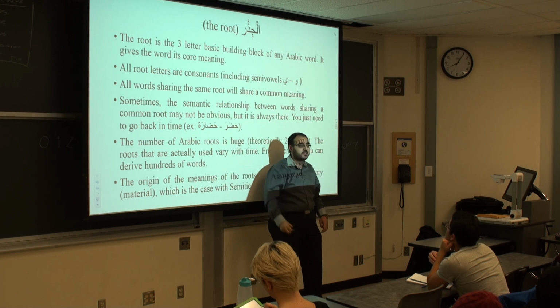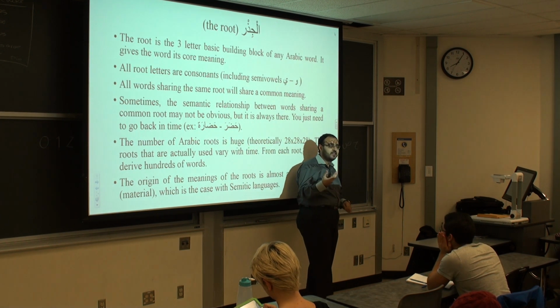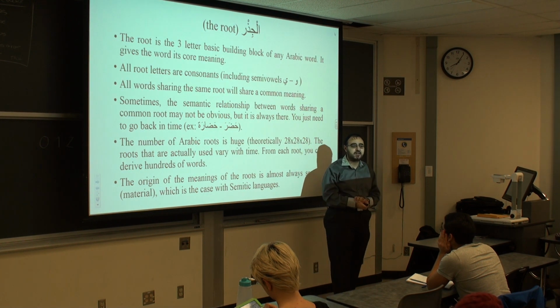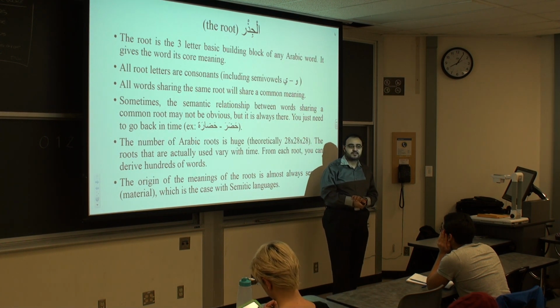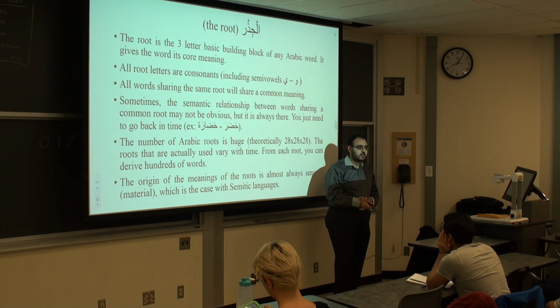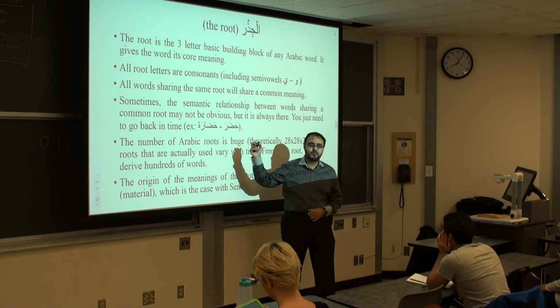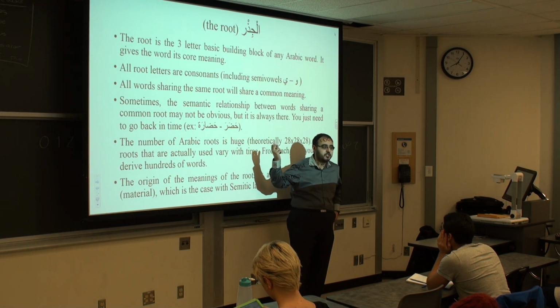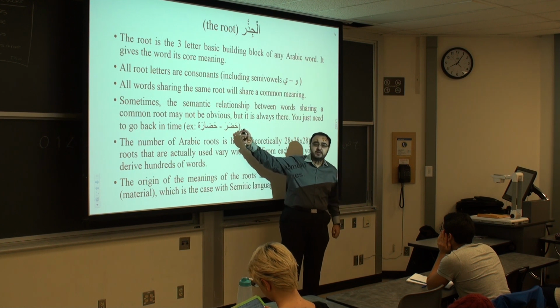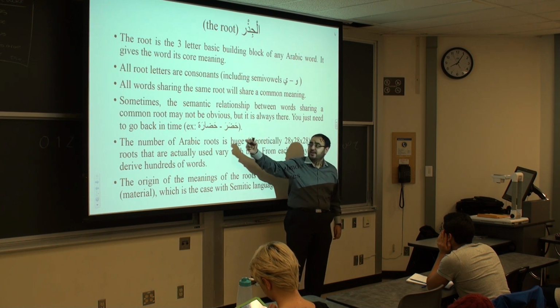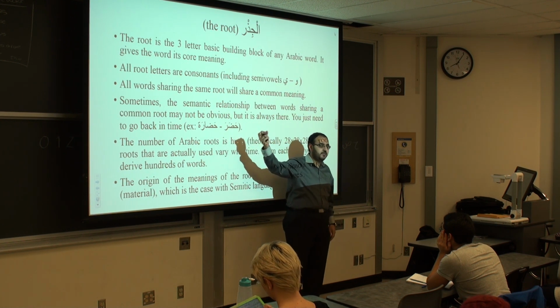So what about hadara? Can you try to guess the semantic relationship now between hadara and hadara? Hadara is civilization. So what can be the semantic relationship between coming and being influential, and hadara, civilization?